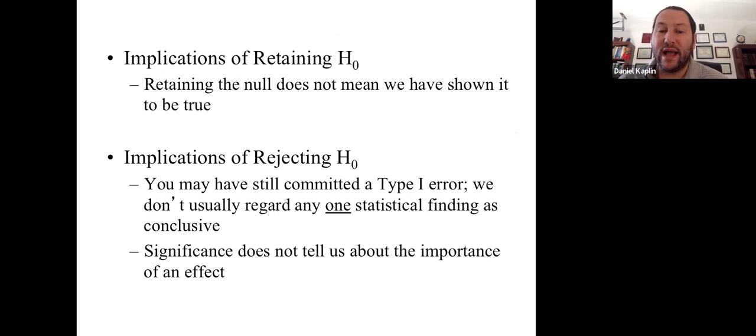If we reject the null, that could mean one of two things. Either we have real differences between the groups, or we could have made a type 1 error. I talked about a type 1 error in a different lecture. We could have found significant differences between the groups, but in reality, it was due to some error variance. So we have to be very careful.